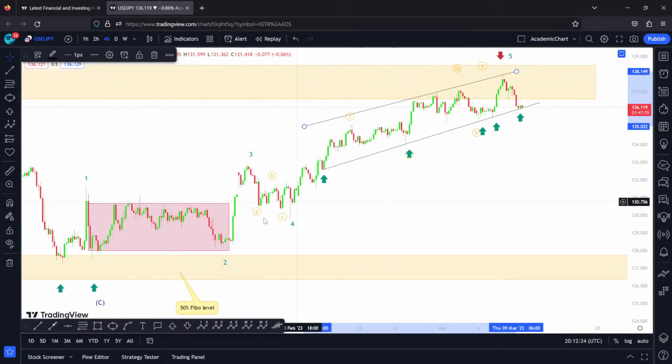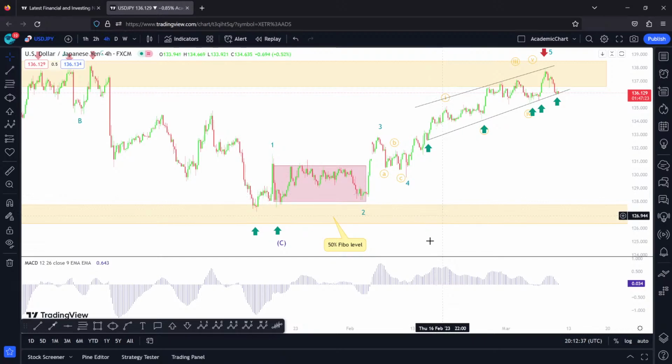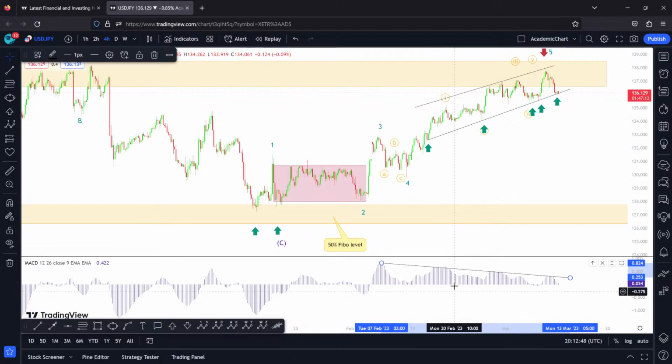So yeah, the counting of waves somehow says that this ABC pattern is done. I can see that if I bring up my MACD. Usually, as I said, I'm not using indicators, but just for confirmation of the end of the trends, I use one of these oscillators.